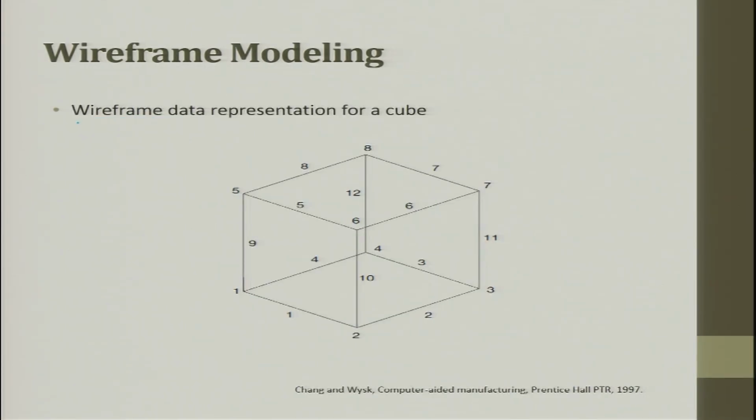In a wireframe representation, if we try to draw a cube, we would like to see how this data gets represented. Here the edges are these, the vertices 1, 2, 3, 4, and you just offset this plane, you get 5, 6, 7, 8. Now you have drawn this.